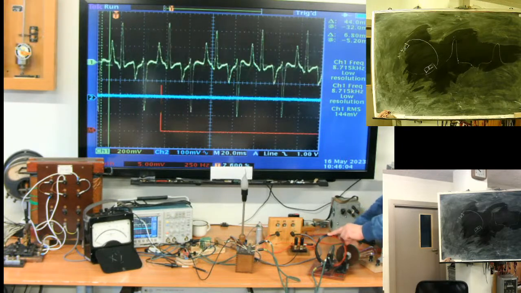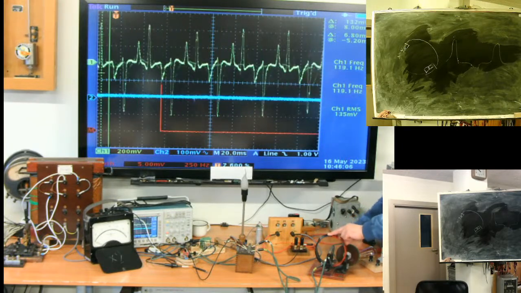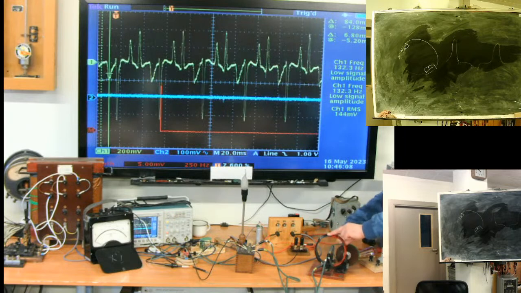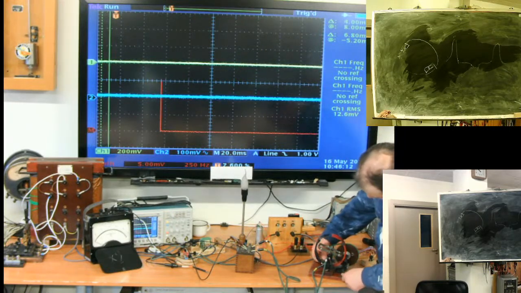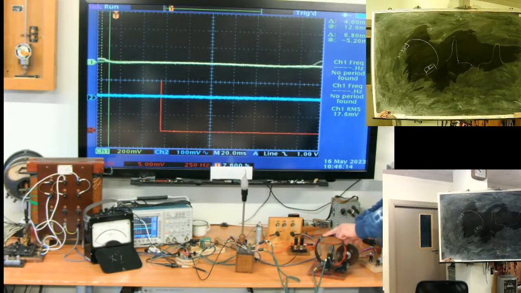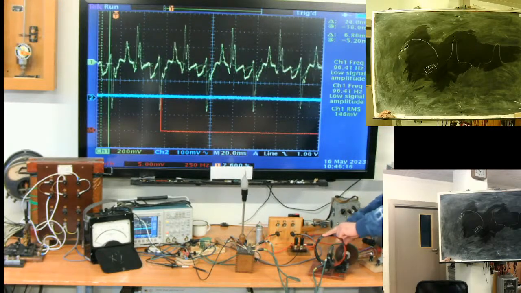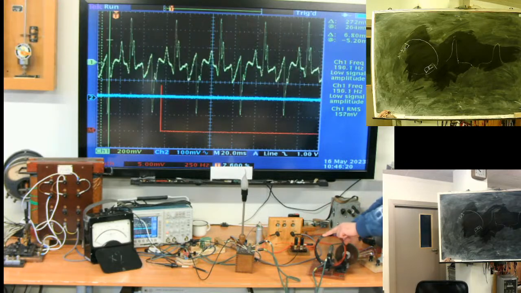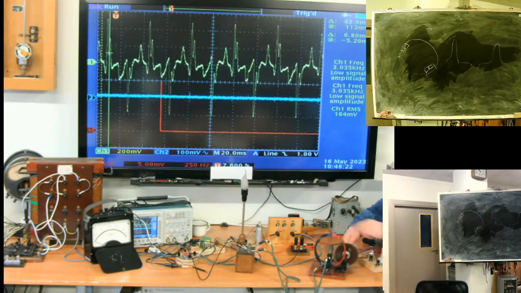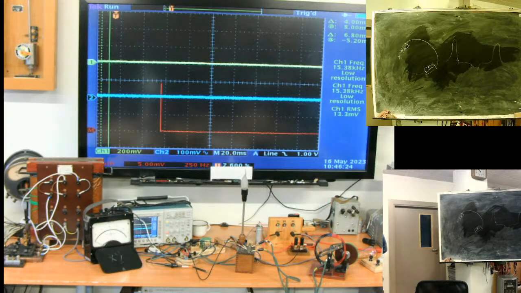See what's going on? 2, 1, 2, 1. I can have three on the one side and one on another. You see? 3, 1. What does my experiment prove?